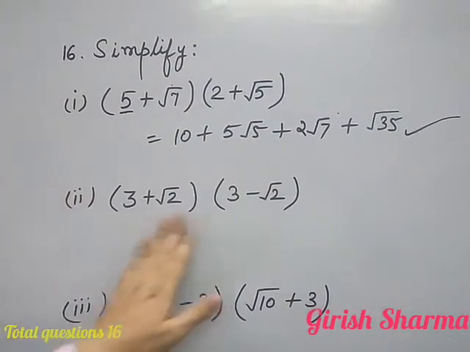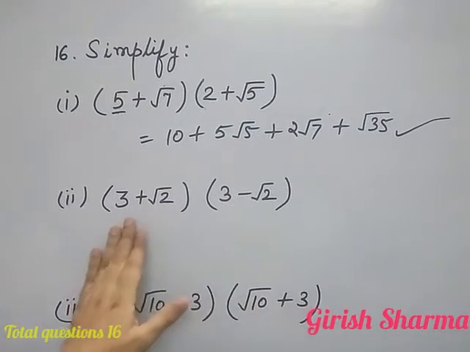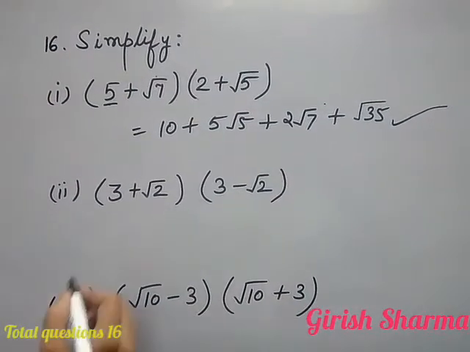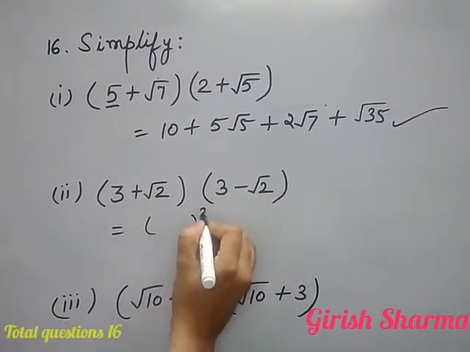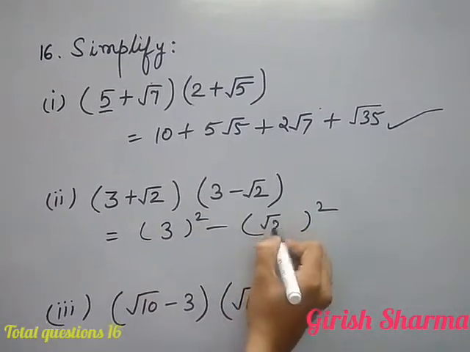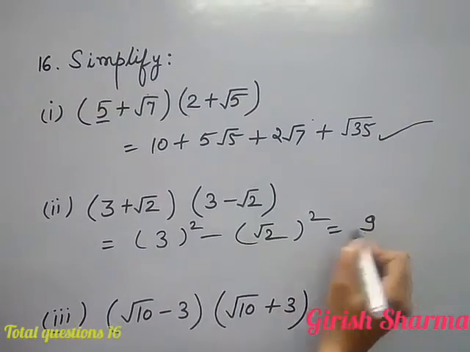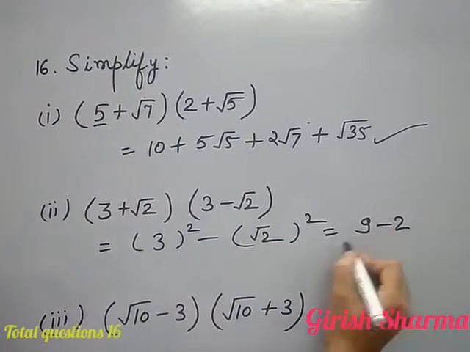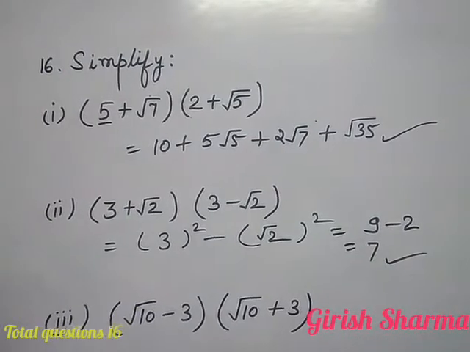See here, this question looks like a plus b, a minus b. This is a square minus b square. This is a, this is b. 3 square is 9 minus root 2 square is 2. This is 7, your answer.